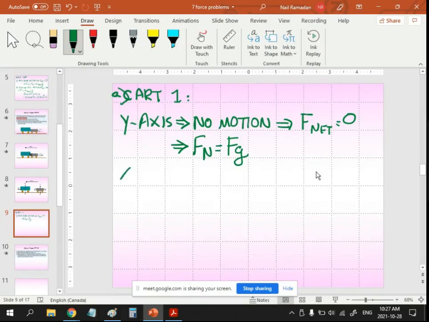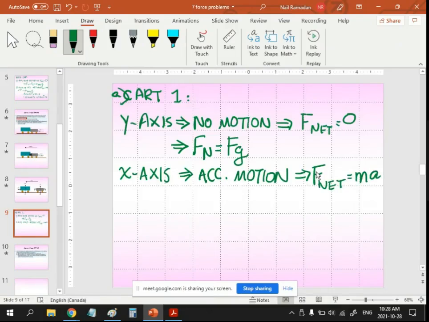Okay, x-axis. We are told to calculate the acceleration of the cart, which means there's acceleration involved, which means which law? Second law. So accelerating motion, which means F net equals ma.